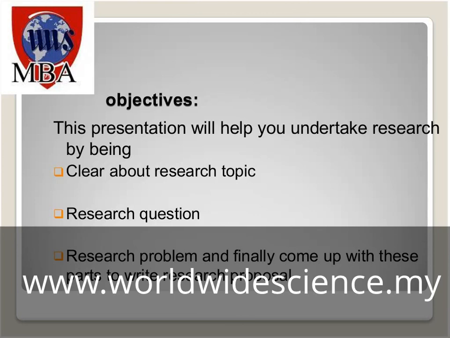So the objective of today's class is to help you undertake research by being clear about research topic, research question, and research problem, and finally come up with these parts to write a research proposal.